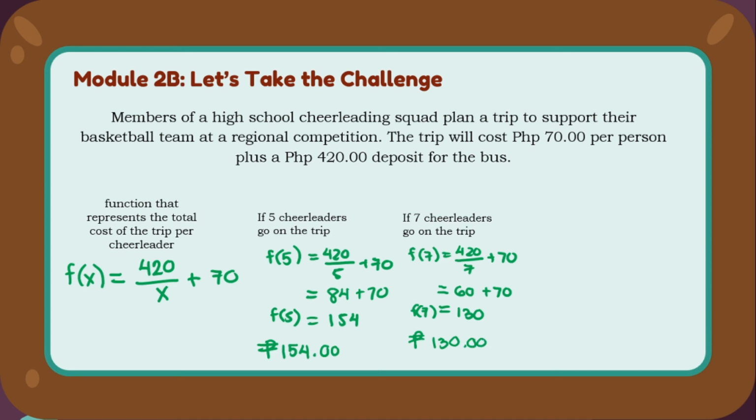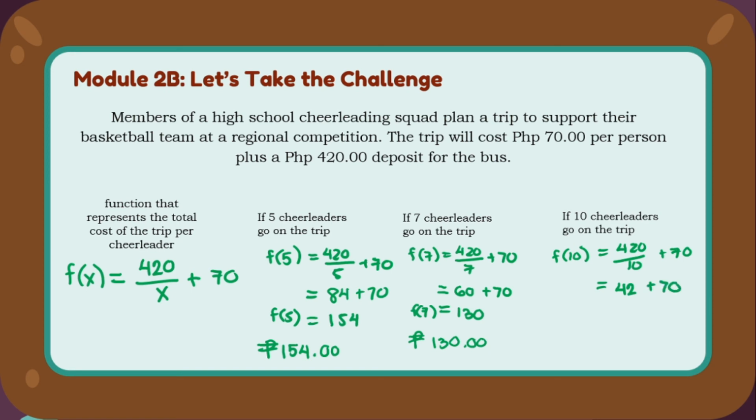Very good. And the last question. Kapag 10 cheerleaders ang sumama sa trip. Alright? So this will now become f of 10 is equal to 420 over 10 plus 70. Okay, what is 420 divided by 10? It is 42. Very good.